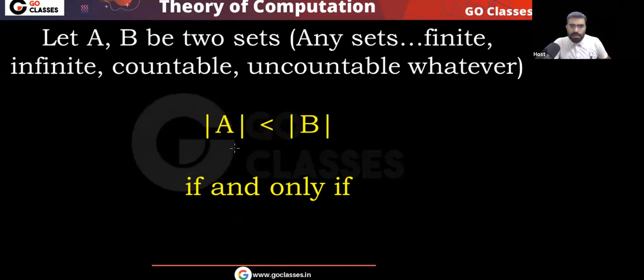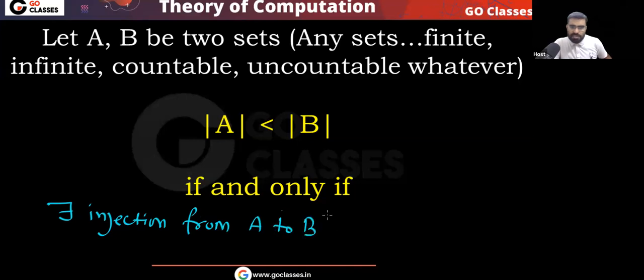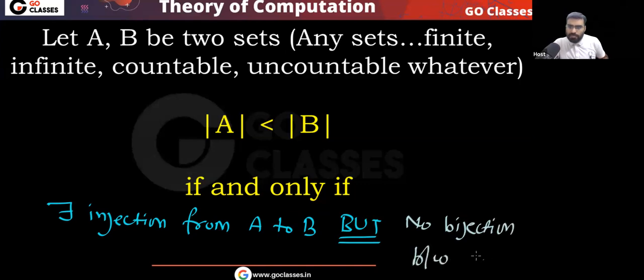This will happen if there exists an injection from A to B, but there is no bijection between A and B. Yes or no?